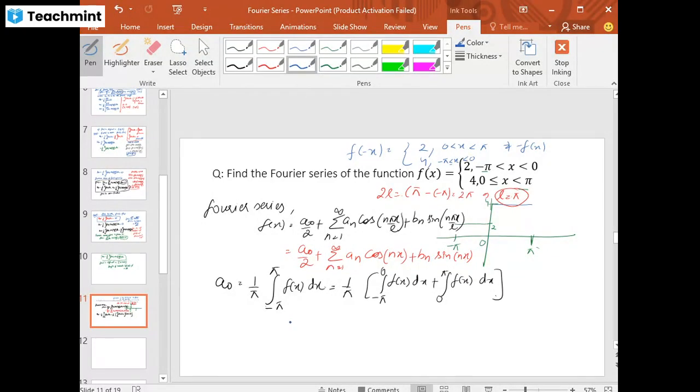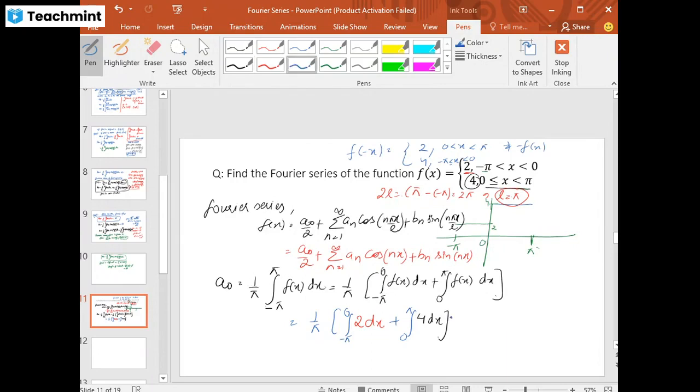In the interval minus pi to 0, the value of the function is 2, so it is 2 dx. And in the interval 0 to pi, the value of the function is 4, so it is 4 dx.